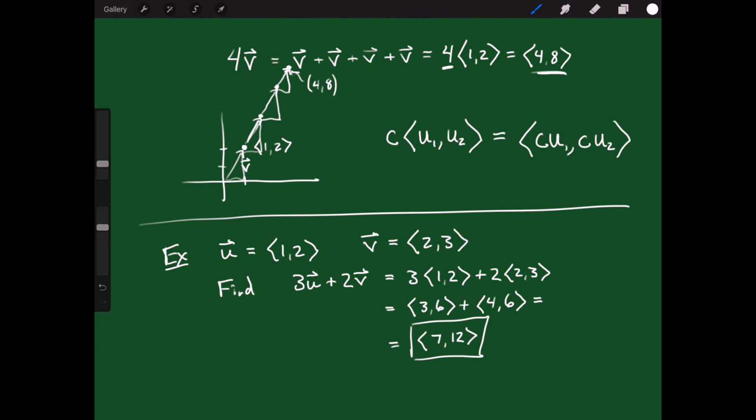All right, so another important concept that we need to talk about when we talk about vectors is the concept of a unit vector. What a unit vector is, is just a vector that has length 1.